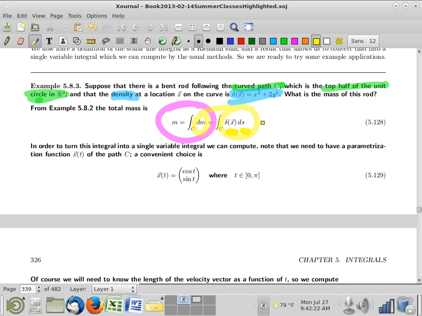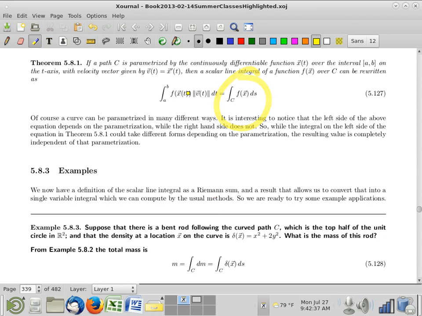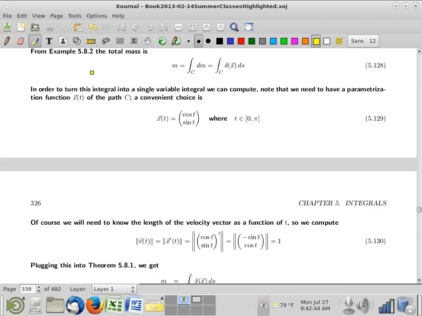So punchline in this specific example, I just want to compute that line integral. And now it's a matter of parameterizing and plugging in. So given my previous observation, if you want to compute a line integral, the first thing you have to do is parameterize. You'll note down here, that's the very next thing that we do.